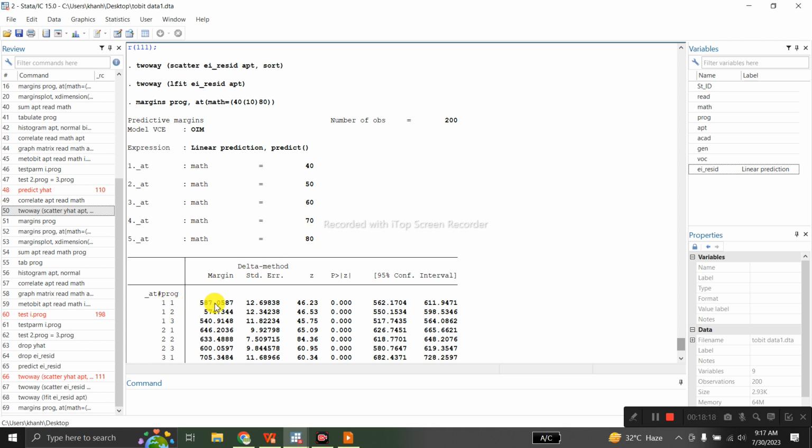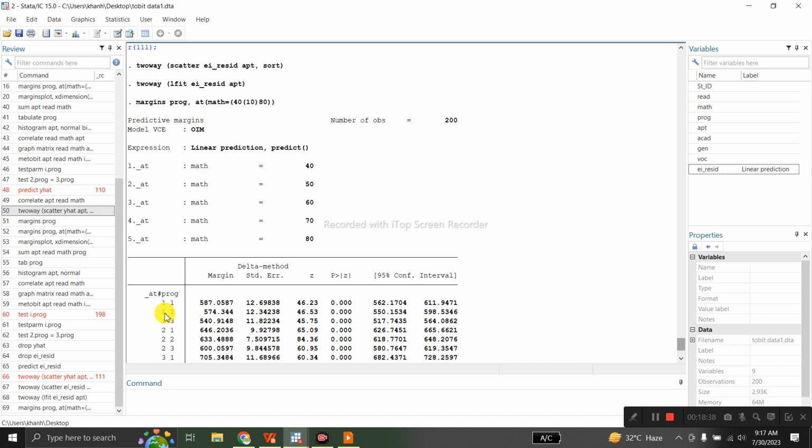Now this coefficient or this margin means that someone who got 40 marks in mathematics and is in academic program, the marginal expected score in the aptitude score is 587.